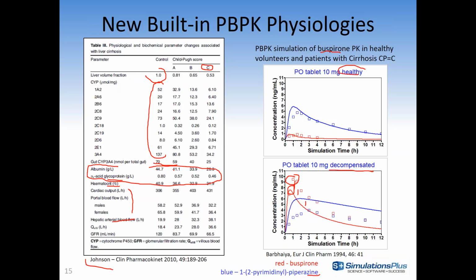We have not yet implemented differences in binding for individual proteins. We are still dealing with it as the total fraction unbound, which is scaled based on the percent of the total protein. Some justification is that both of those seem to be changing at about the same rate. And can you confirm that the changes in total plasma protein levels and hematocrit are updated for the different liver impairment models? Yes. Okay, thank you.